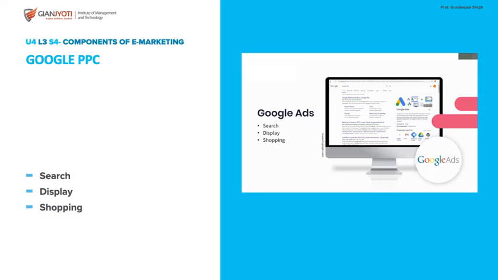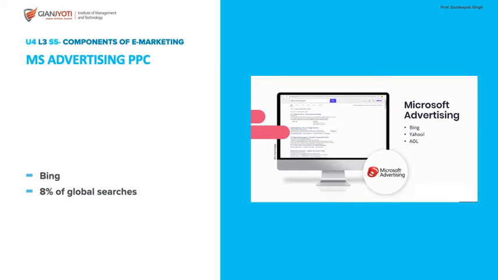That is one way of doing it. Another is the ad on the right hand side, which is a display ad, and another one is on their Google Shopping section where you can also show your ads. So these are the three ways for Google PPC.